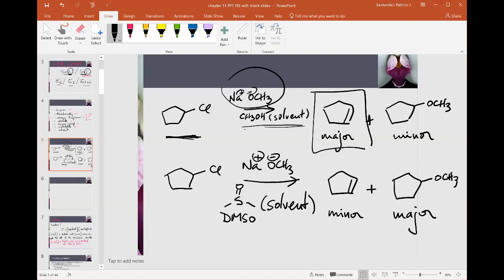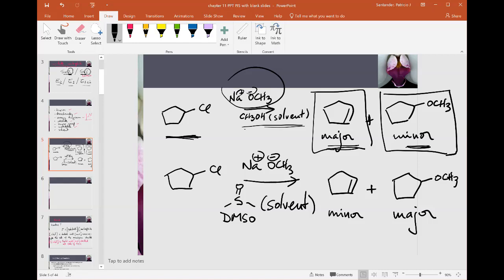Pentene is this, and you will get the substitution product as well. And when you look at the percentage, the distribution of the products, you will see that the major product is the elimination product, while the substitution product is the minor product.